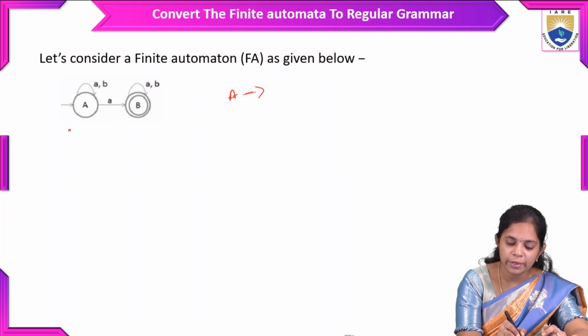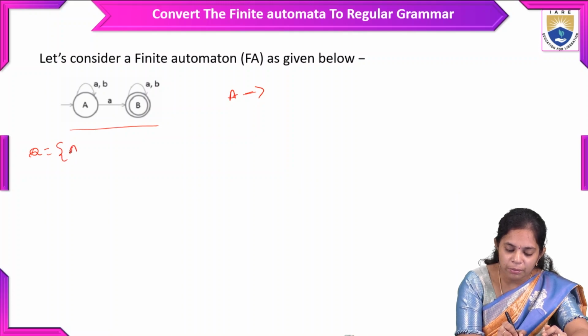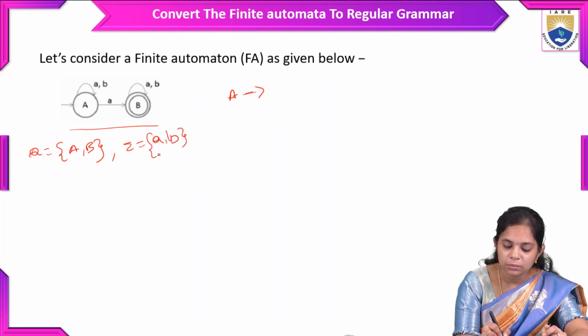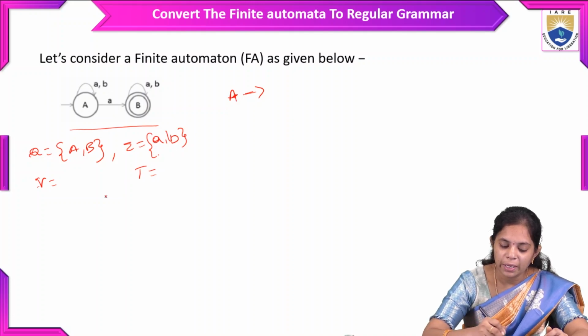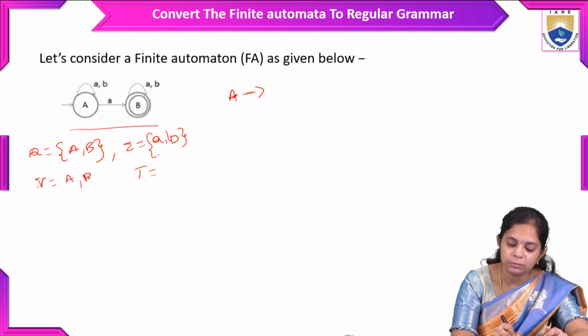Let me equalize these two first. Here we have a finite automata, so Q is equal to A, B, and sigma is equal to a, b. We need to equalize this with V and T. So V is equal to A, B, and T is equal to small letters a, b.